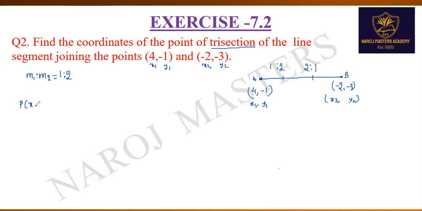So P of x, comma y is equal to m1 x2 plus m2 x1 by m1 plus m2, comma m1 y2 plus m2 y1 by m1 plus m2.